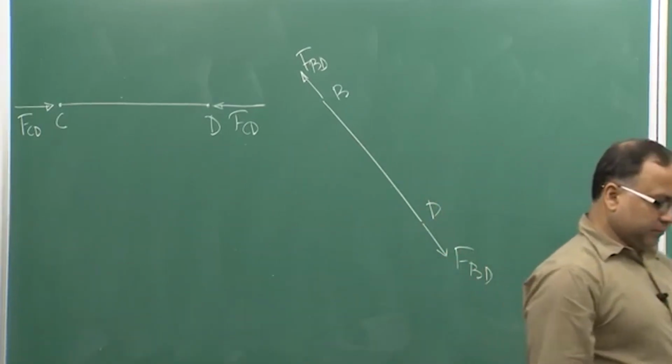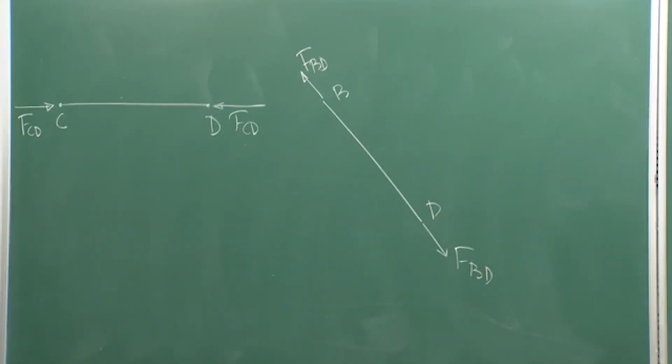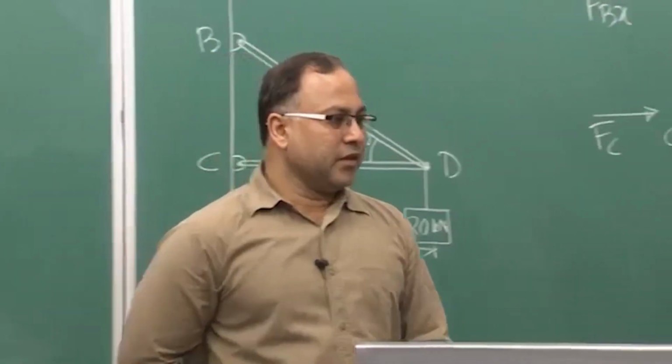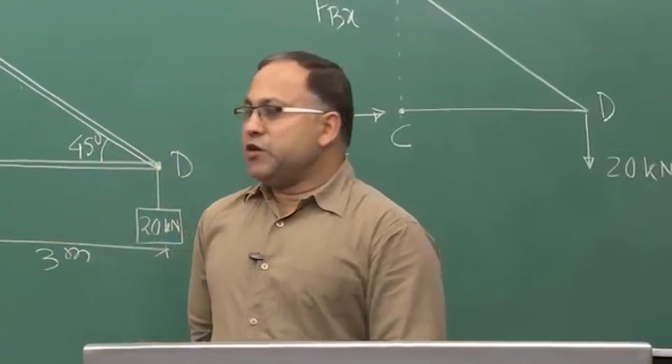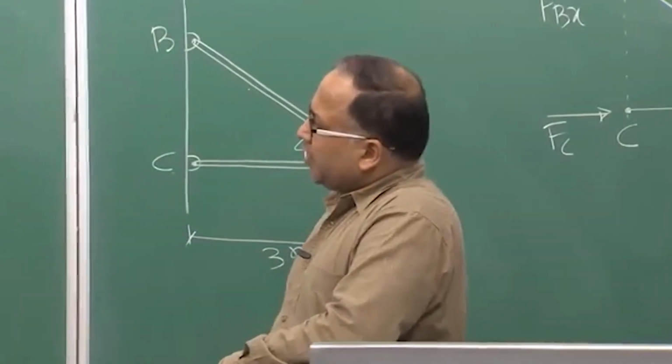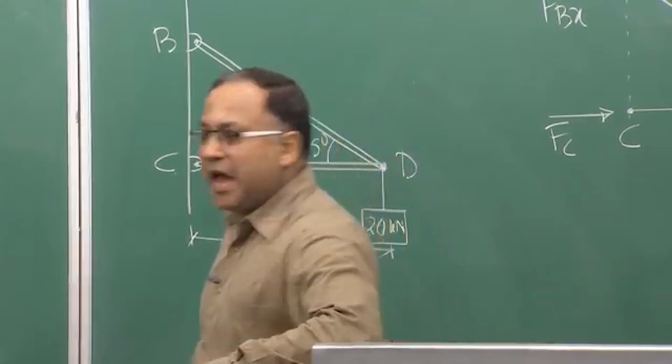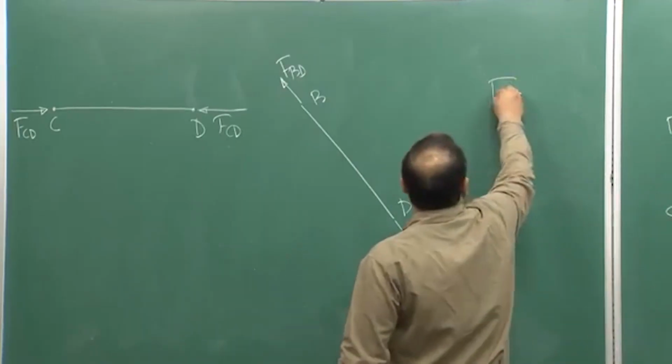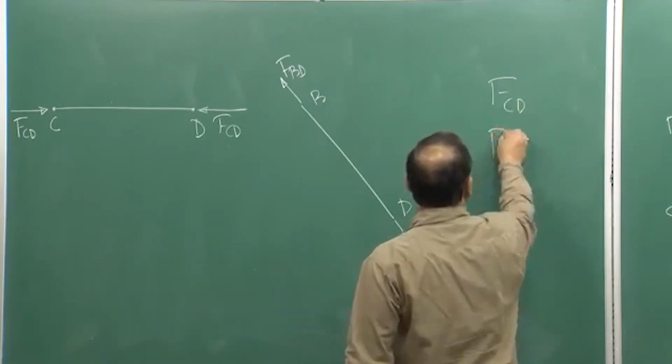Okay. So, I am considering BD to be under tension, that is FBD is tensile in nature and FCD is compressive in nature. Okay. So, now you need to find out the forces FCD and FBD.